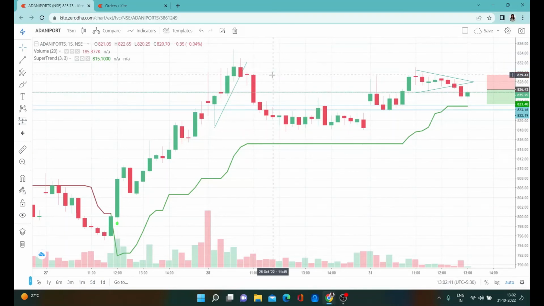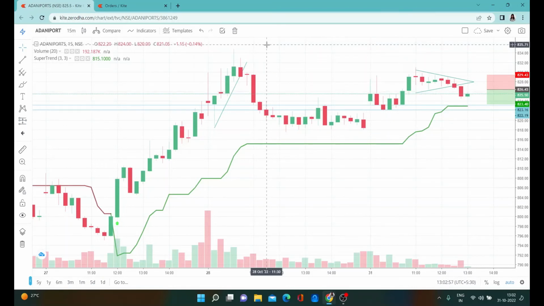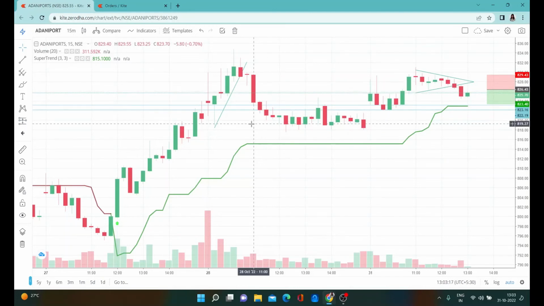So when you take an entry at 829.5, your stop loss should be at 836.2. So your stop loss will be 6 or 7 points, and your target would be more than 8 points.